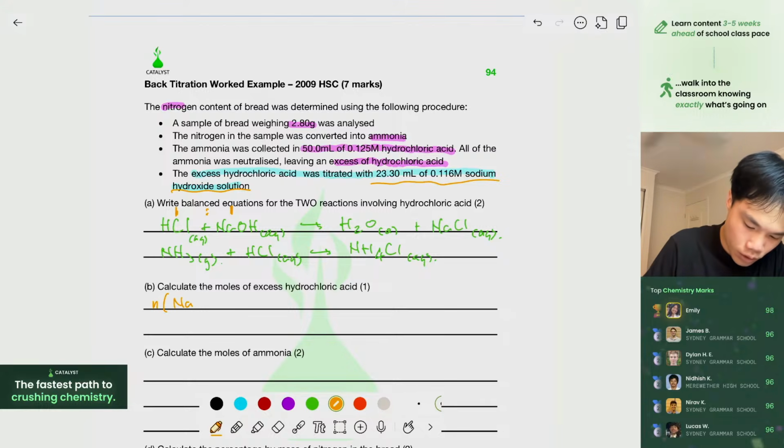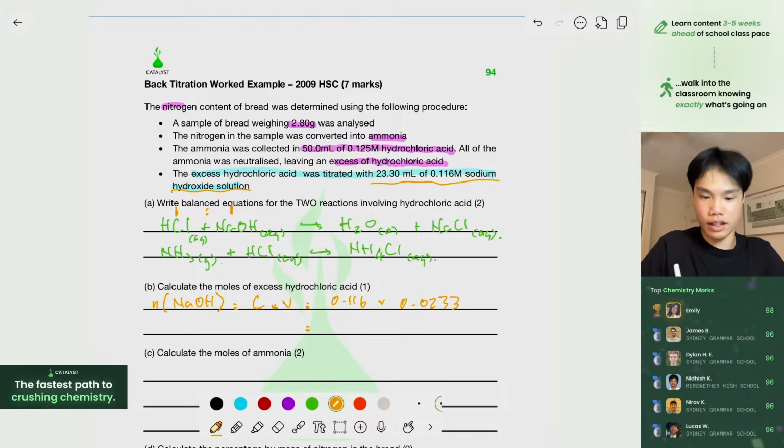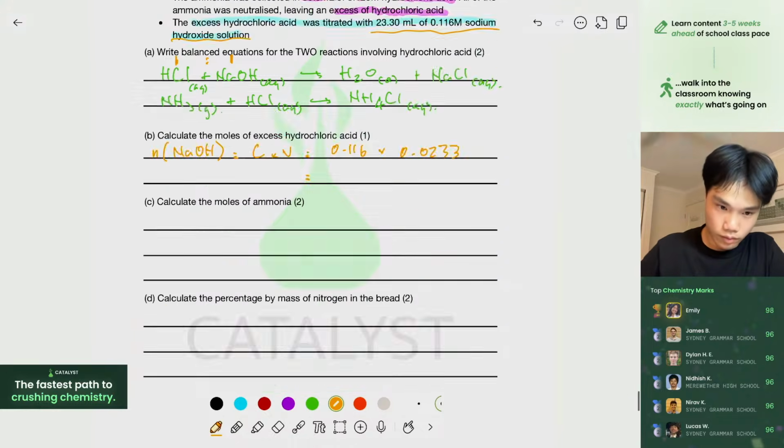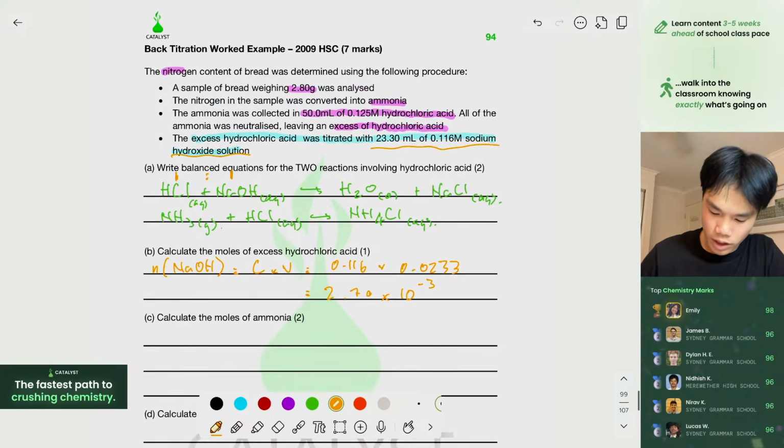Starting with the moles of NaOH is equal to C times V, which is 0.116 times 0.0233. Cool, 2.70 times 10 to the negative 3.